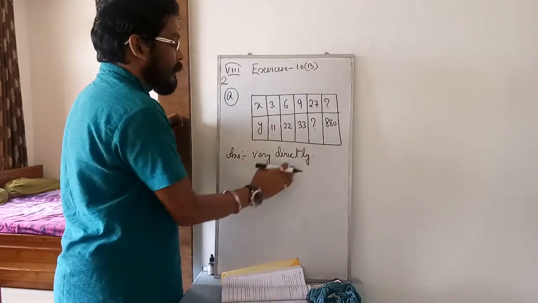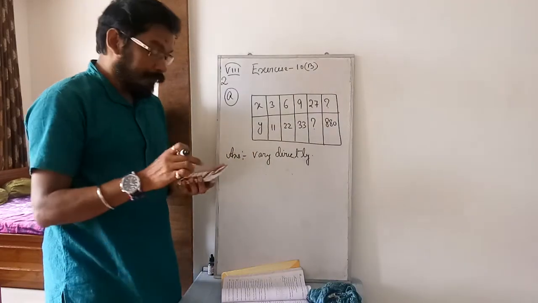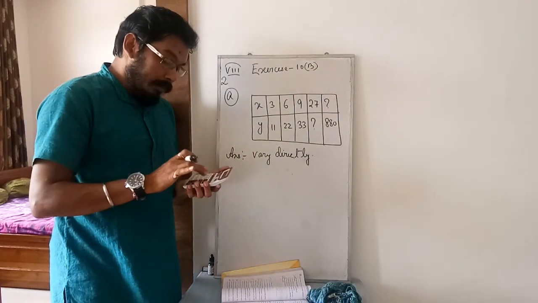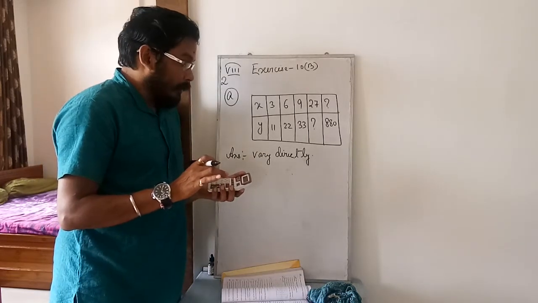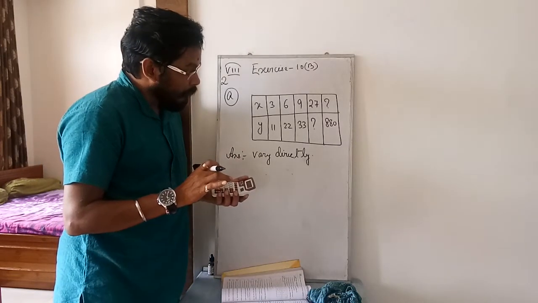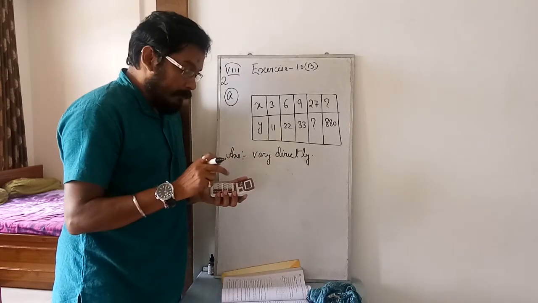Here it is given 27. So how much will I place here? I have to get 11 by 3, no?